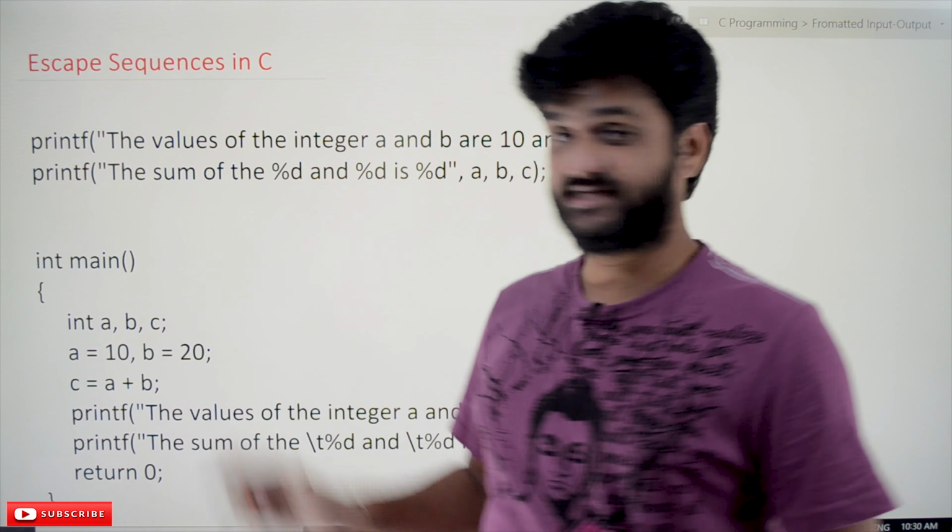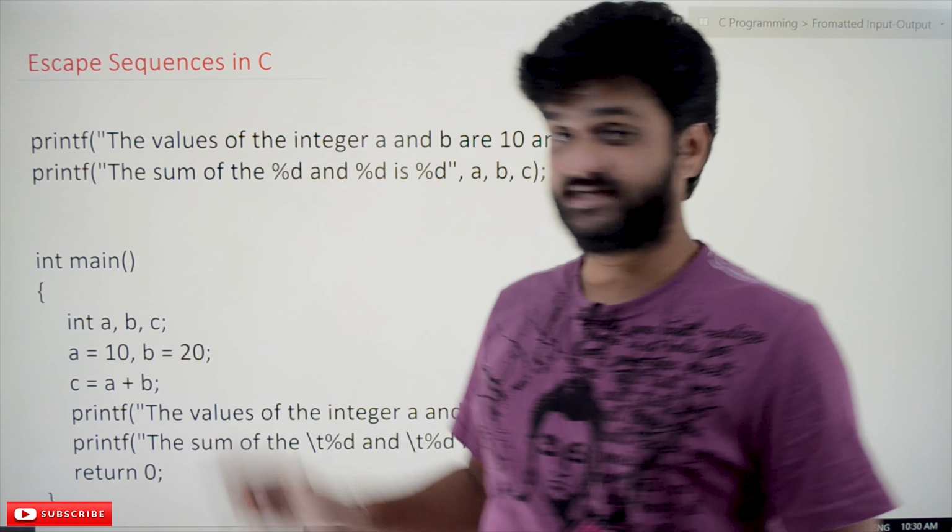For example, in our format string, if we want to print double quotes, an opening quote and a closing quote, within the format string, what is the problem? These double quotes will not get printed, and we will get an error. If we use these double quotes within the format string, we are going to generate an error.